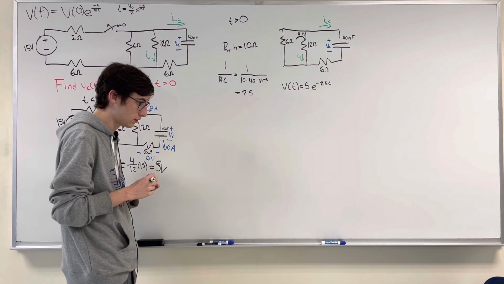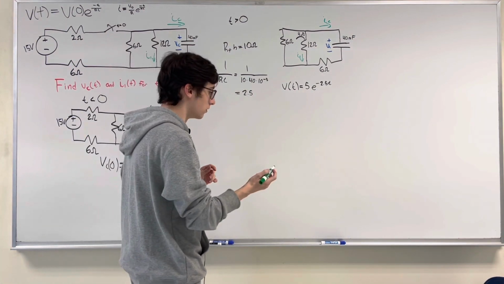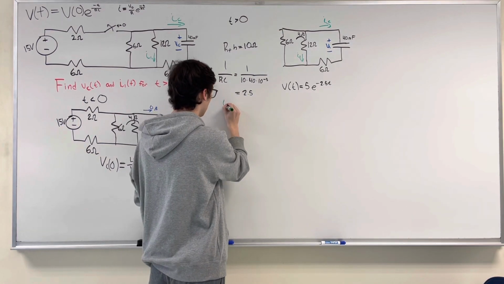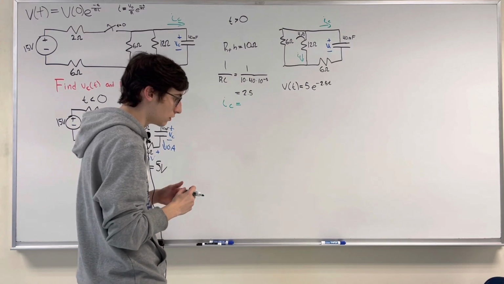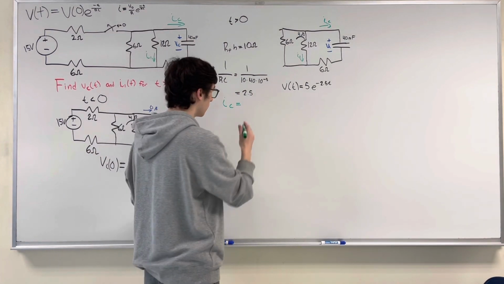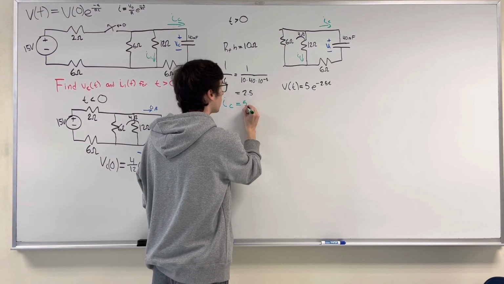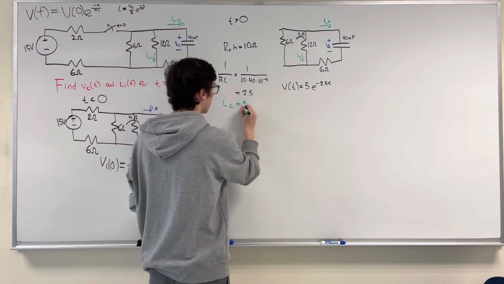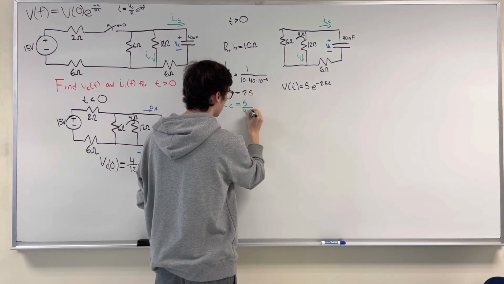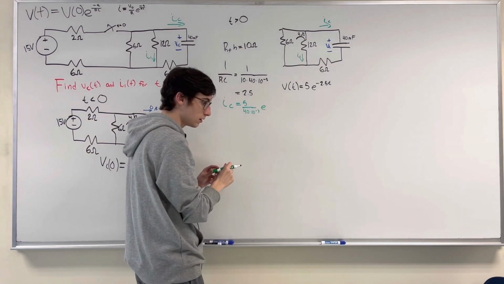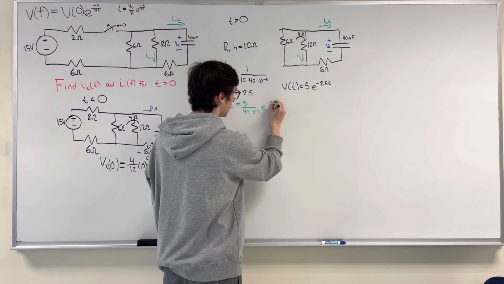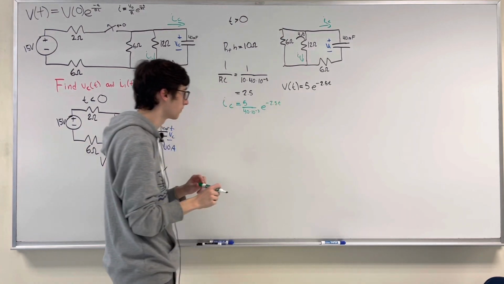So our I of C equation is going to equal V naught, which is 5, over 40 times 10 to the negative third times e to the negative 2.5 t.